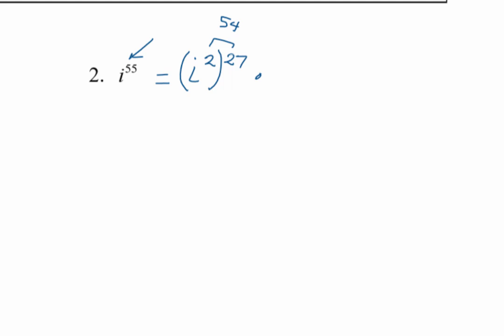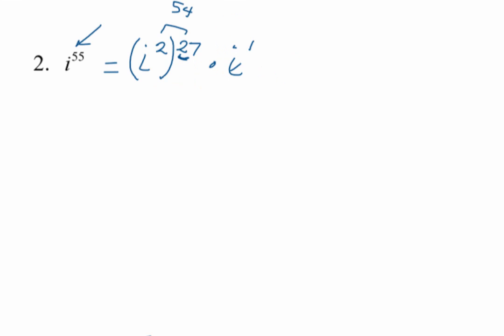So that means we've got 1 leftover i to the first power, right? Okay, and then we know that this i squared here gives us a -1. So we're going to replace that i squared with a negative 1. We have 27 of those, times this other extra little i that's here on its own. So negative 1 to the 27th, a negative 1 to an odd power is negative 1, and negative 1 times i is negative i.